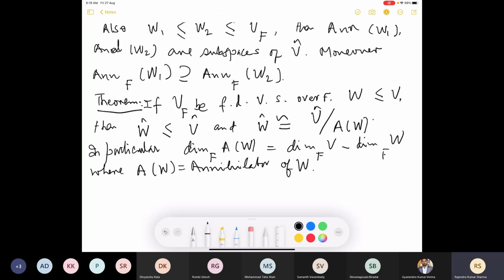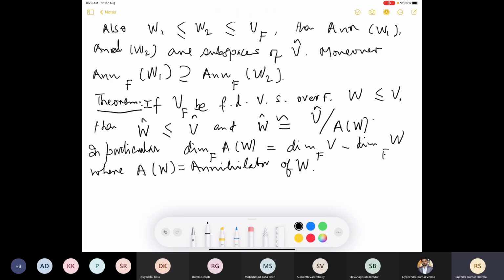In that case, W hat is a finite dimensional vector space, and we shall prove that the dimension of the annihilator is dimension of V minus dimension of W. And for doing this, what we prove is that W hat is isomorphic to V hat over AW. Okay, so let's take the proof.